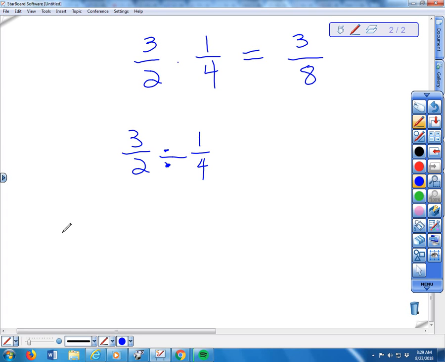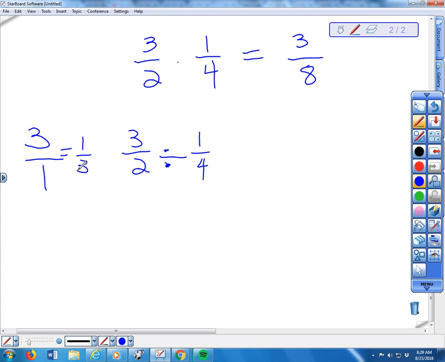What's the reciprocal of 3? 3 over 1 is 3. What's the reciprocal? 1 over 3, yeah. So when you want to find the reciprocal of a whole number, remember, every whole number can be written as a fraction. And once I write it as a fraction and I want to flip it, the reciprocal of 3 over 1 is 1 over 3.